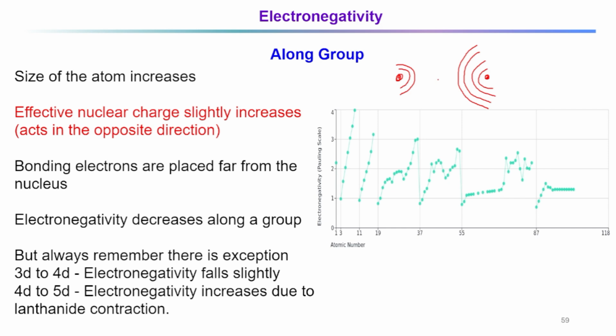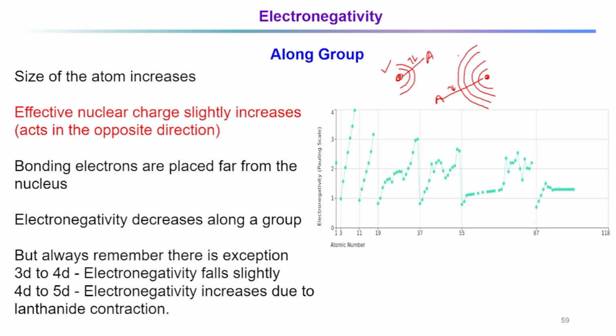Now if you make a bond with another atom A here and another atom A here, these bonded electrons are much further in this case, whereas these bonded electrons will be much closer to this atom. So this atom, having smaller size, has more electronegativity.